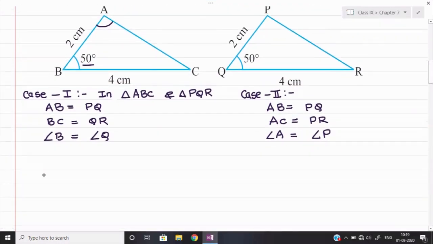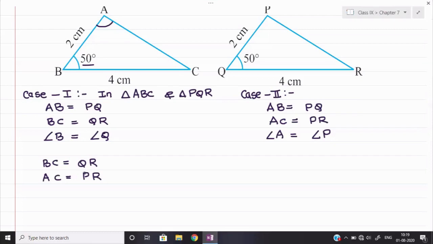Suppose I take now BC is equal to QR. Suppose in the question we have given that BC and QR are equal. Suppose we have given that AC is equal to PR. So see, if these two corresponding sides are given equal, which angle should be equal along with them?